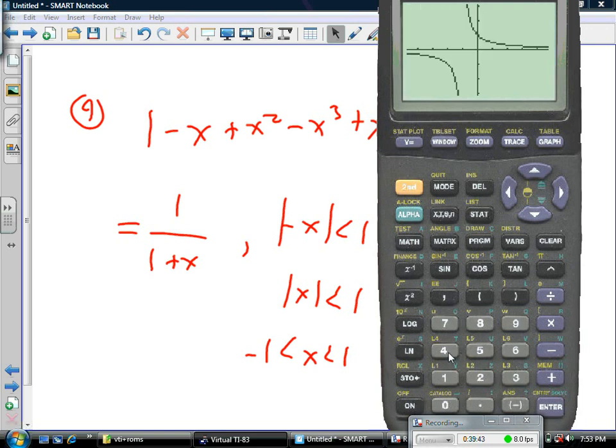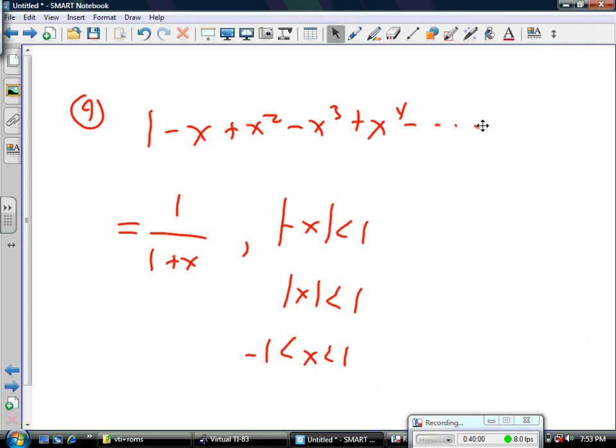You see there's a vertical asymptote at x equals negative 1 because it's not defined at x equals negative 1, is it? Now, the point is that when I graph this, it's going to match this curve only on these x values, at best. That's if you add up infinitely many terms, forever. That's the best scenario.